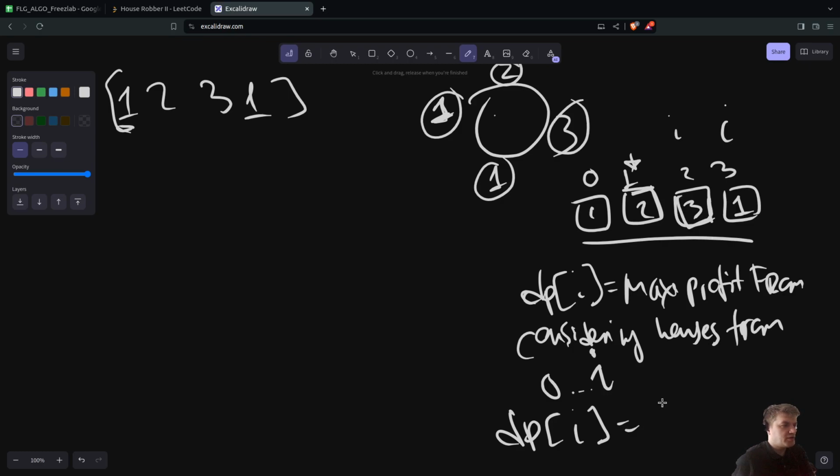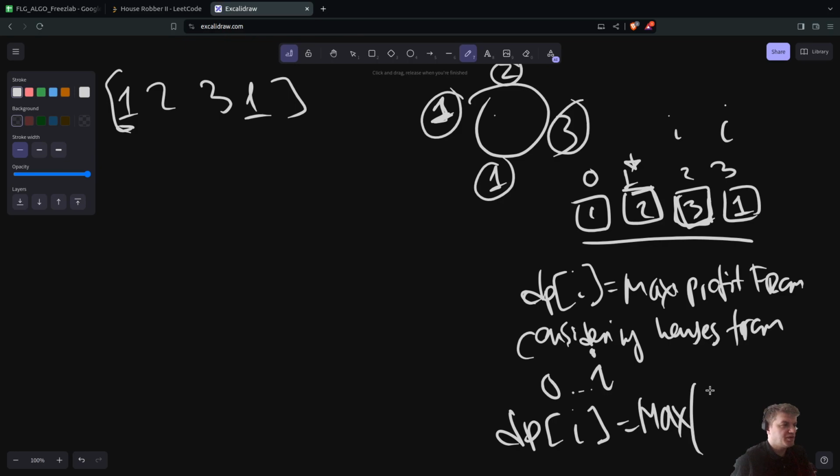So there are two cases: if the robber robs the last house, or if it chooses to rob the previous one. So it's going to be a maximum between two options.